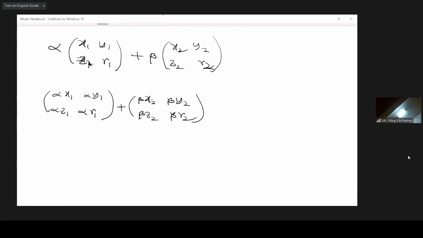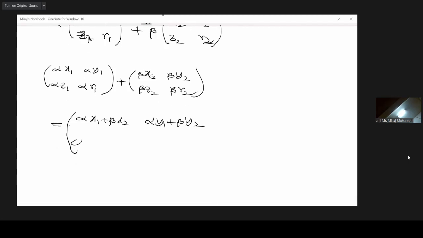Add these two. If you add, what will happen? Alpha x1 plus beta x2, alpha y1 plus beta y2, alpha z1 plus beta z2, alpha r1 plus beta r2.